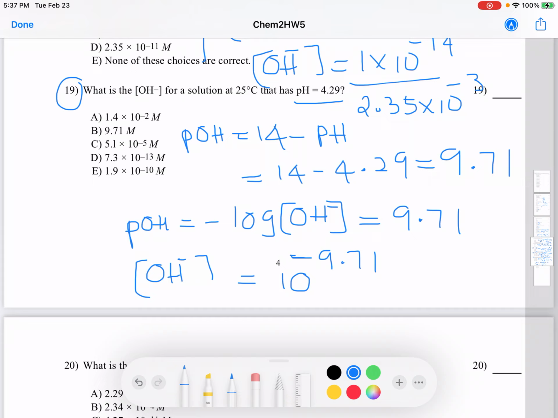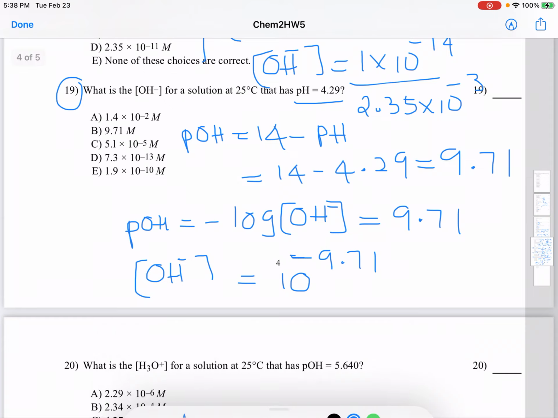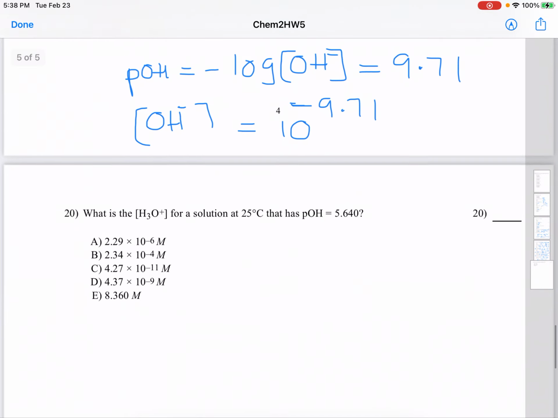Okay, that's how you would do that. And then we have only one left. I'm not going to tell you the number. Okay, so that's how you find out the hydroxide ion concentration.